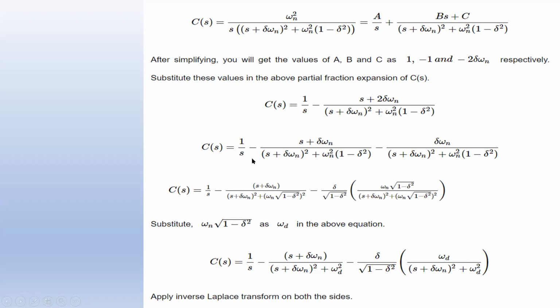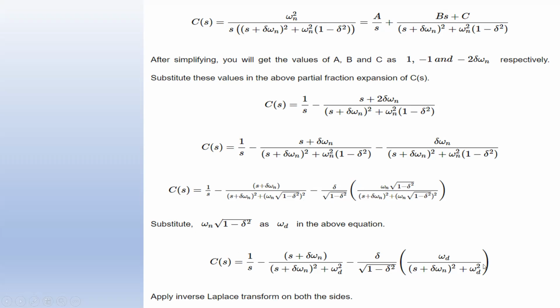If we apply the inverse Laplace transform to this 1 by s, we get u of t, and this one will result in e power minus delta omega n t times cos of omega d t. We achieve a similar adjustment for the sine and exponential term, so we can write this term as omega d.